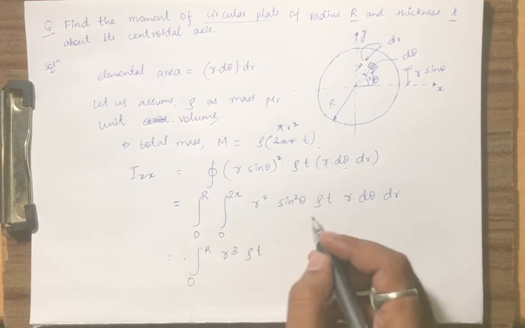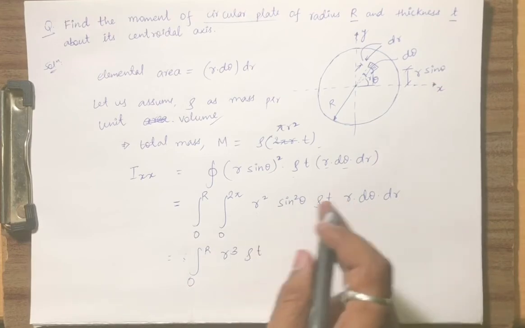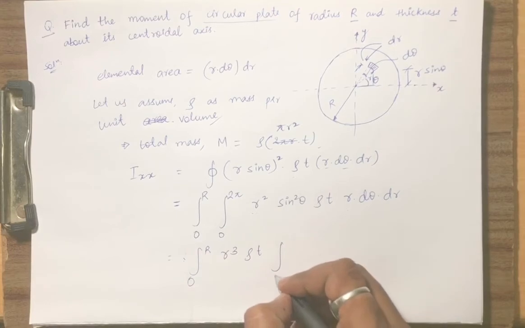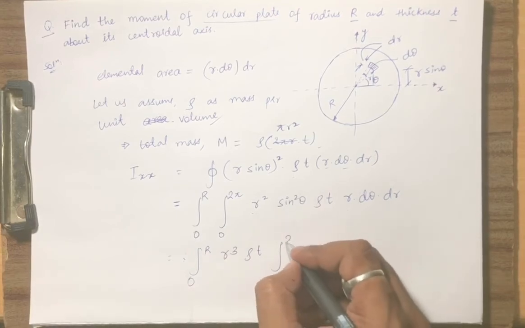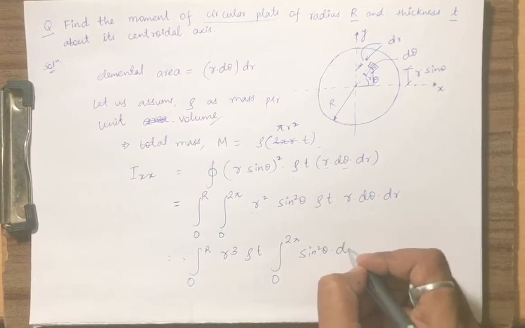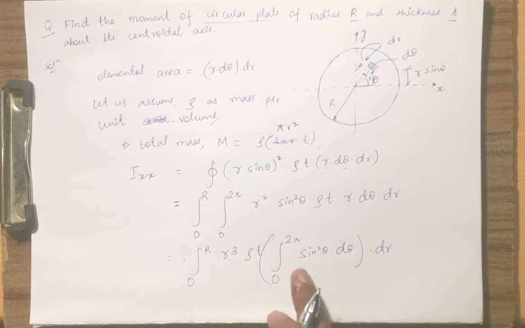rho t, r cube we have taken out, integral 0 to 2 pi sin square theta d theta. The same has come, it was how much? Pi.